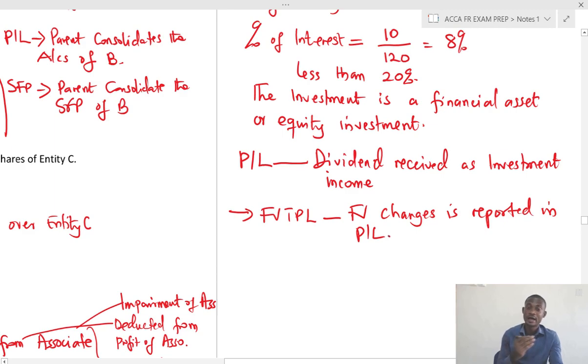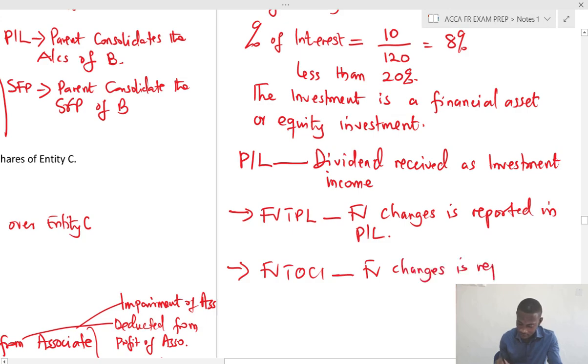So at the end of the accounting year, the investment is fair valued. The changes, be it a gain or loss, go to P&L. But if the entity uses fair value through OCI, the fair value changes are reported in OCI.